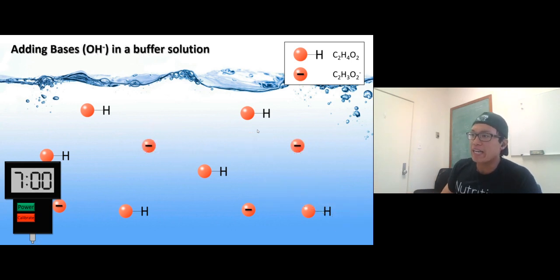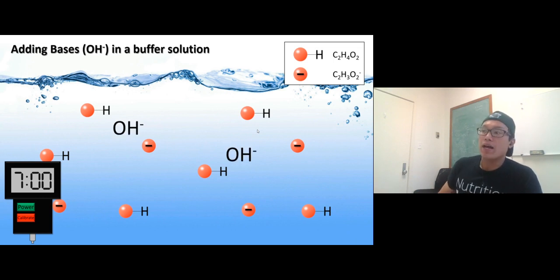Now, let's say in the same buffer solution, pH 7, we add a drop of hydroxide, a little drop of hydroxide ion. In a regular water solution, pH goes up right away, quickly, drastically, right? But in a buffer solution, we add a base, and the buffer solution already has an acid waiting for it.